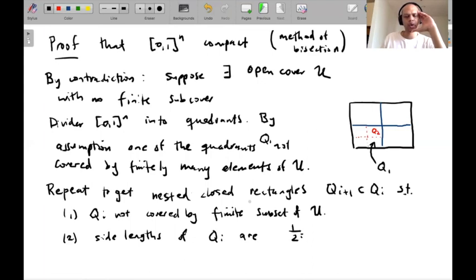Okay, so now what do we do? We've found this collection of nested rectangles, and so we can apply the onion ring theorem to conclude that there exists some point in the intersection of all of these.